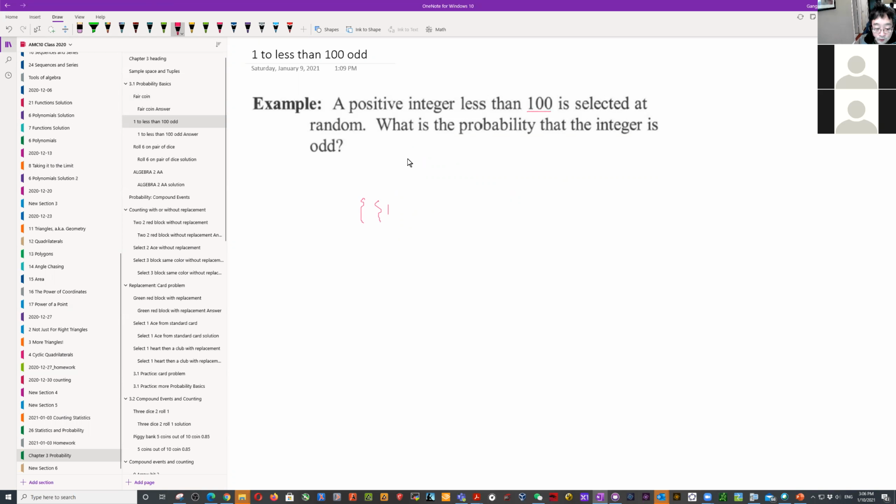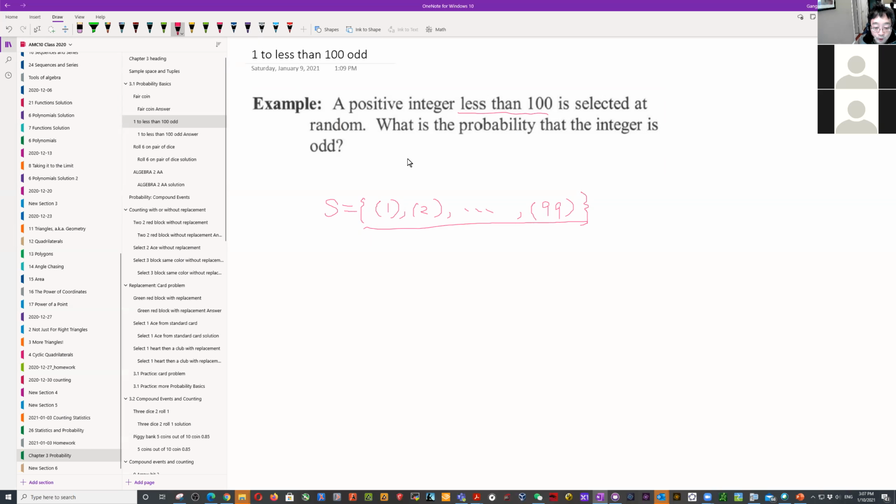So the first one is just 1, the second is 2, and all the way to less than, so not including, 100. So it's 99. That is the sample space, and this is just set notation.